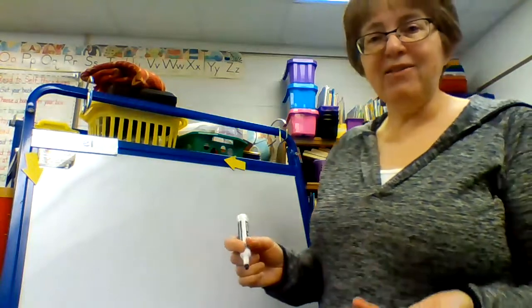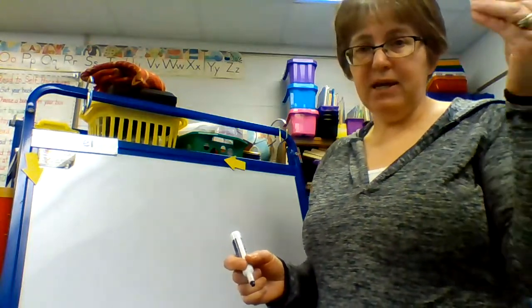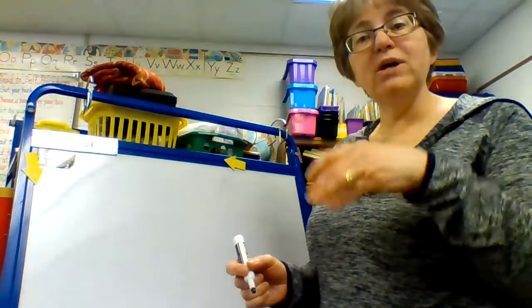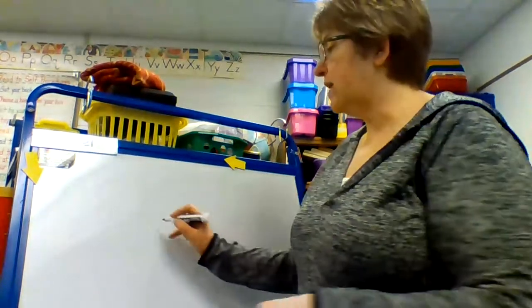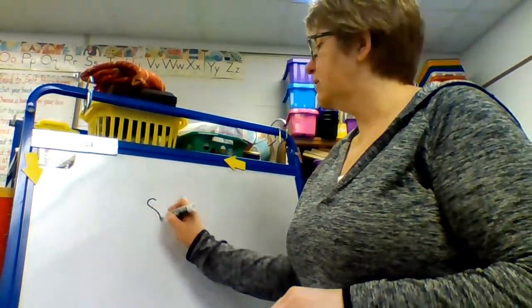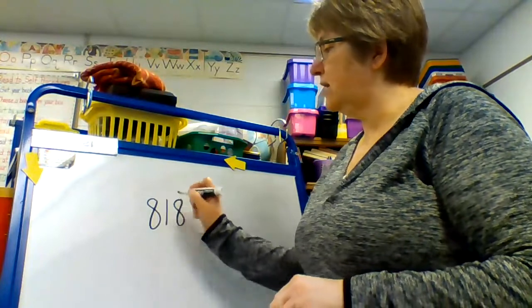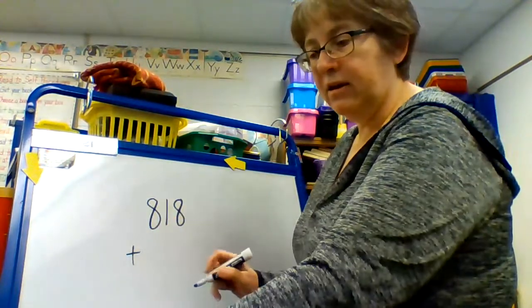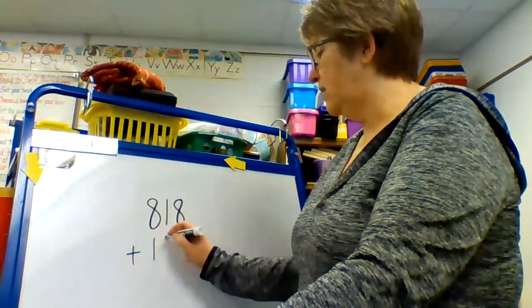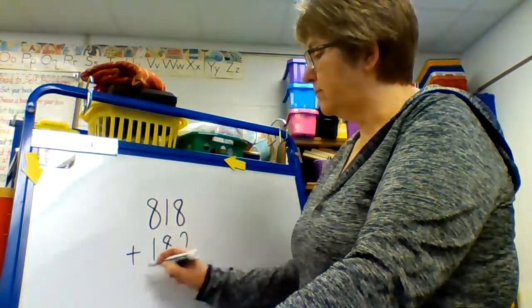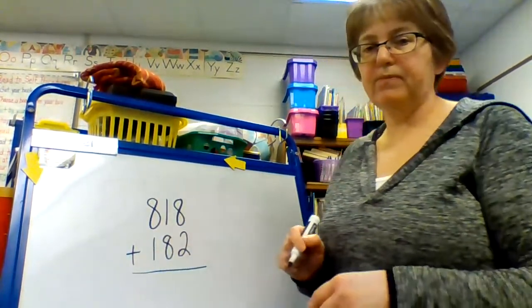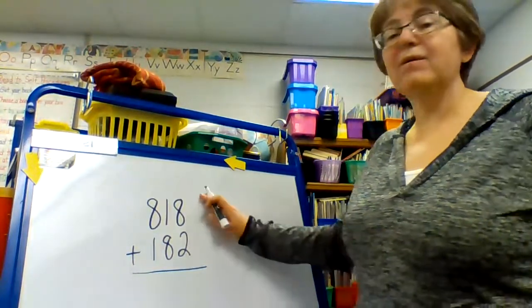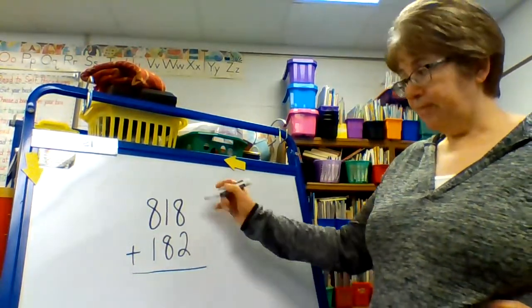So we're going to add the ducks that were at the beginning, and we're going to add the ones that joined. So we had 818 that started. We added 182. Okay, now let's add them together.